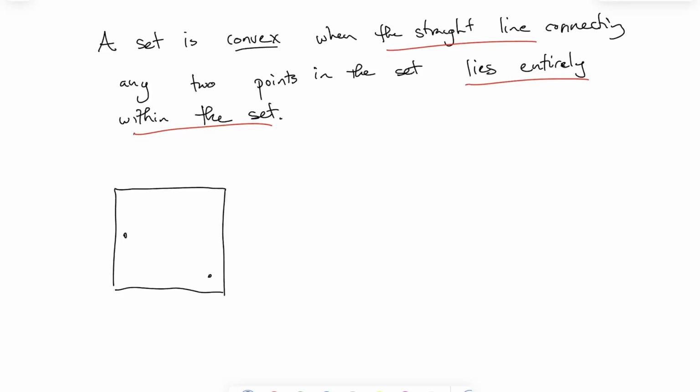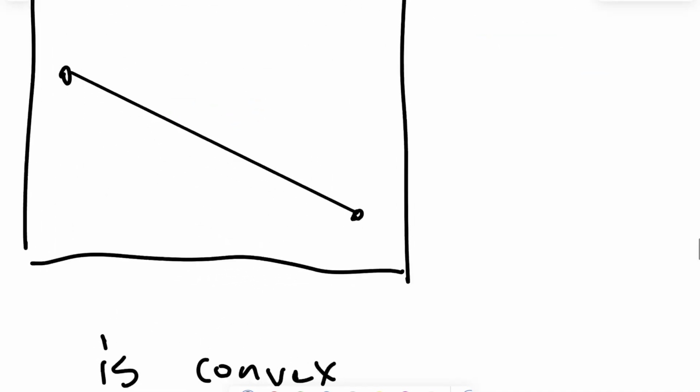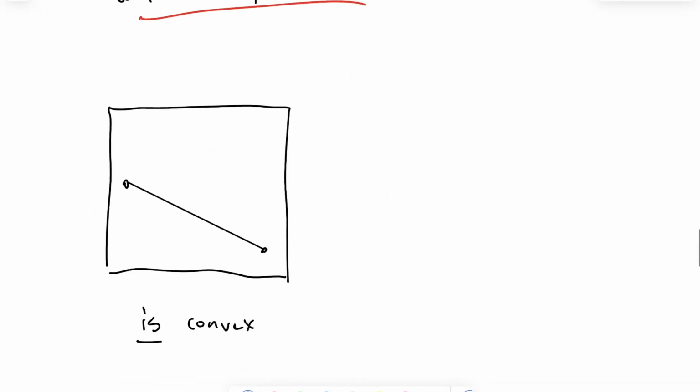So this one is convex, and it's not because I chose 2 special points, actually any 2 points inside here, the straight line connecting them lies entirely within the set. This is a true fact about the square. Actually, my square is not perfectly drawn. These wobbles down here are a little suspicious.